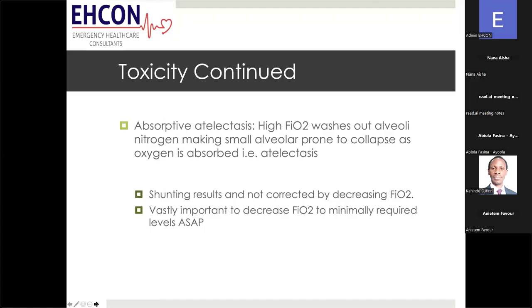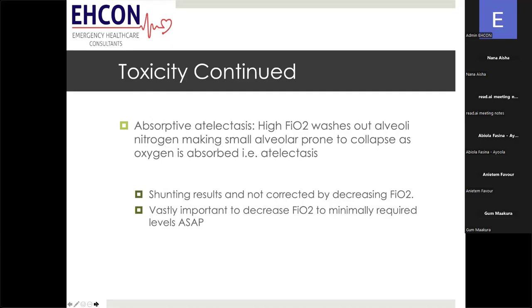And then, of course, as you start to have that atelectasis progress, you have a reversal of whatever gain you've made with your oxygenation, because now your alveoli, which are the points where you really want to optimize gas exchange, are collapsing as a result of this process. Which is why sometimes we really need to start thinking about positive pressure ventilation and PEEP in an effort to make sure that the alveoli stay open if we're giving high FiO2.